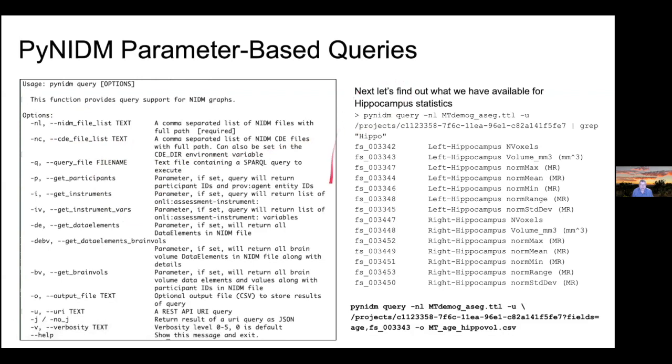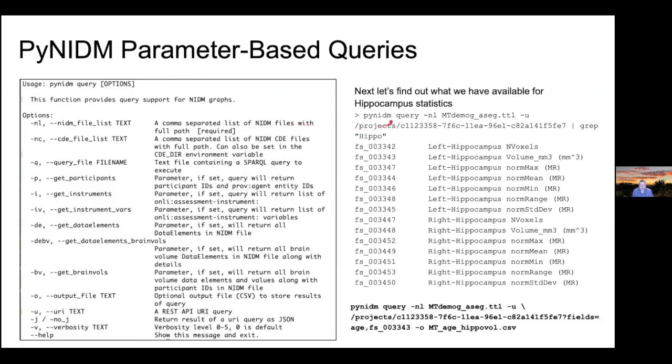And what you see here, and this is again from the tutorial, we're doing a REST-like API. So here we're getting information about this project. And whoops, sorry, I always click my mouse when I do that. So PyNIDM query, we're looking at this local file on the file system and running this query, and we're pulling out all the information about the hippocampus.